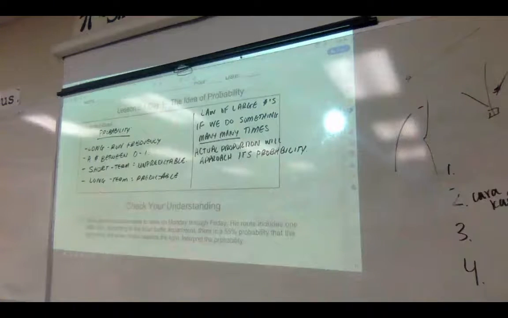So the actual proportion will approach its probability. Probability is the theory.